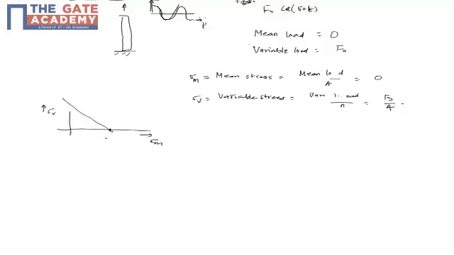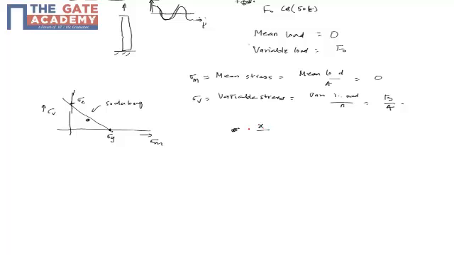The point where it fails on the x-axis is the yield strength. This is the Soderberg line, and the point where it fails on the y-axis is the endurance strength. If you are on the line or above it there is a failure, within this line you are safe.